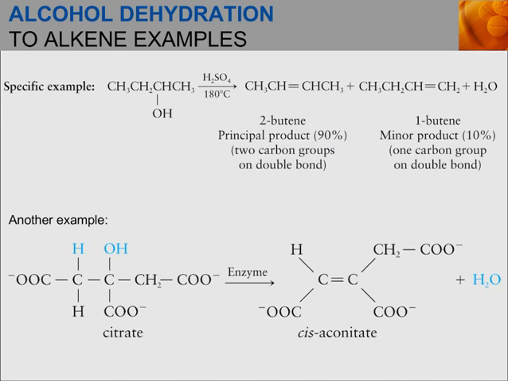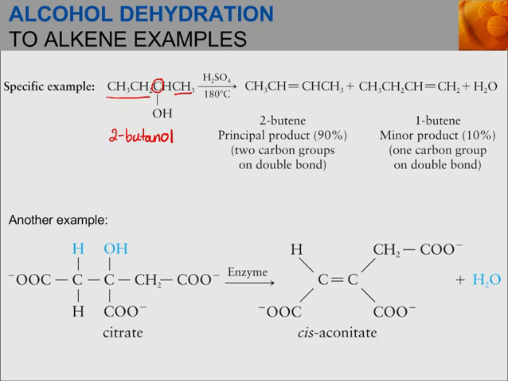For instance, let's say we have 2-butanol. If we look at the carbon that the alcohol is bonded to, we have an ethyl group on one side and a methyl group on the other. So this is asymmetrical. Now if we perform a dehydration reaction, the question is, what side are we going to take a hydrogen from?